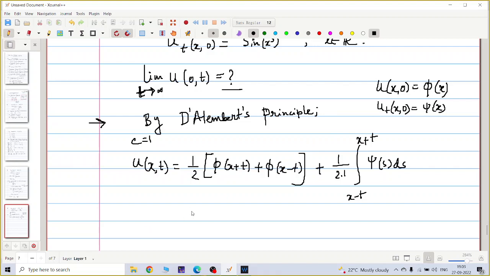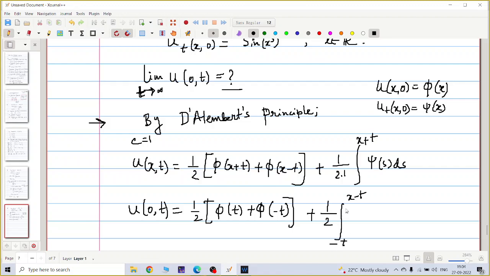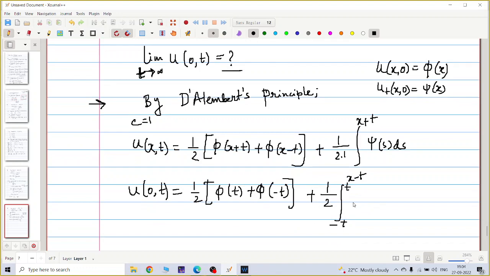So I have to find u at 0, t. Then I will take the limit as t tends to infinity. So u(0, t) is half of phi of t plus phi of minus t, putting x equal to 0, plus 1 by 2 times the integral from minus t to t of psi(s) ds.